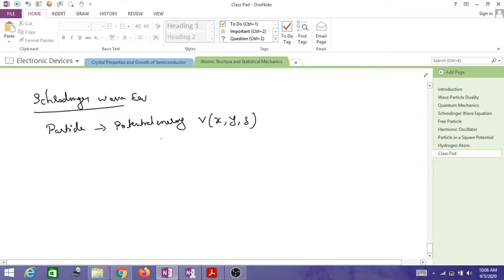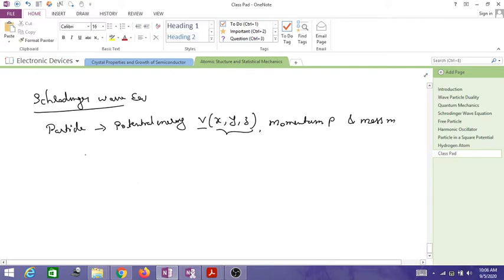Why? Because when we are talking about the potential energy of a particle, here the particle is in three-dimensional space. So V represents the potential energy and x, y, z represents the dimensions in which it exists. And we consider that this particle has certain momentum P and some mass m.